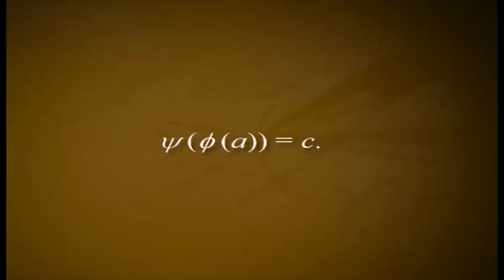We write psi of phi of a is equal to c. It is convenient to denote this composite function by psi phi. Note that the product psi phi, for phi followed by psi, has to be read from right to left. The notation psi composition phi is also used for this composite function.